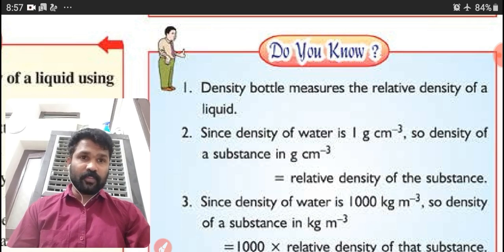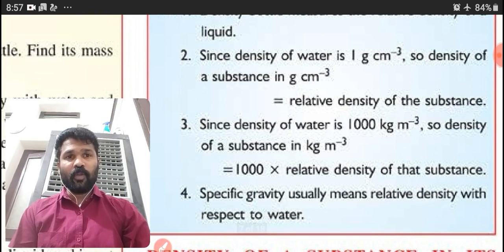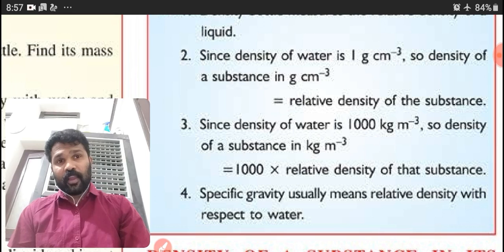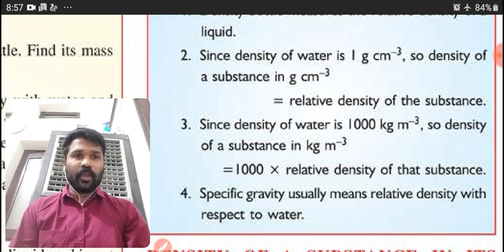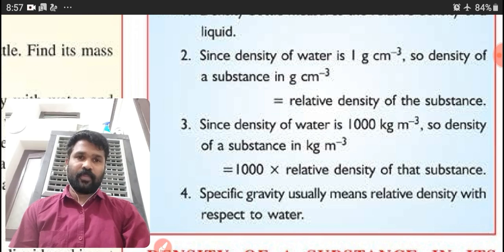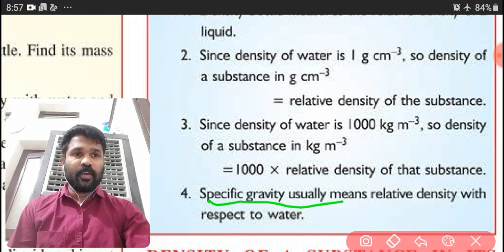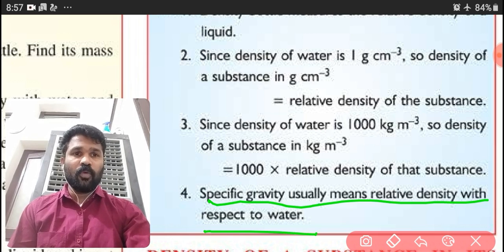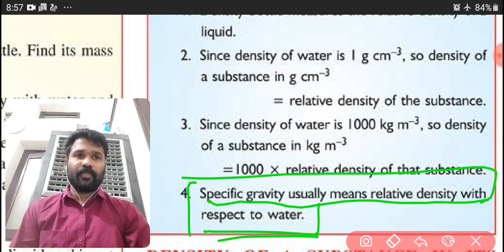And also, since density of water is 1000 kilogram per meter cube, the density of a substance in kilogram per meter cube is equal to 1000 into relative density of that substance. Fourth point, specific gravity usually means relative density with respect to water.